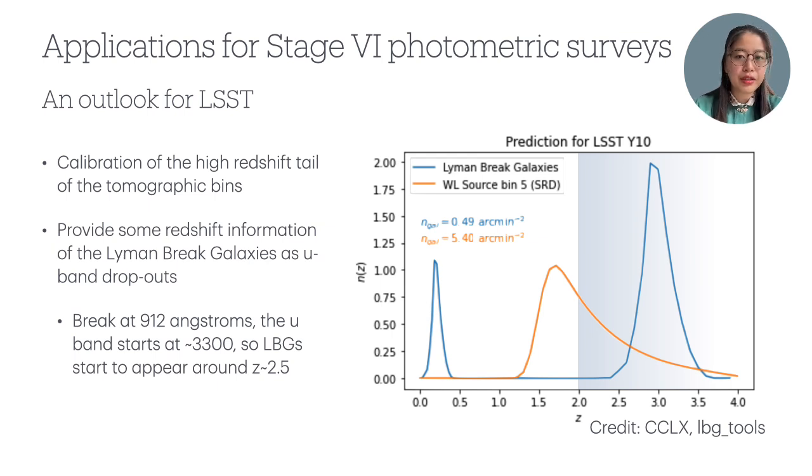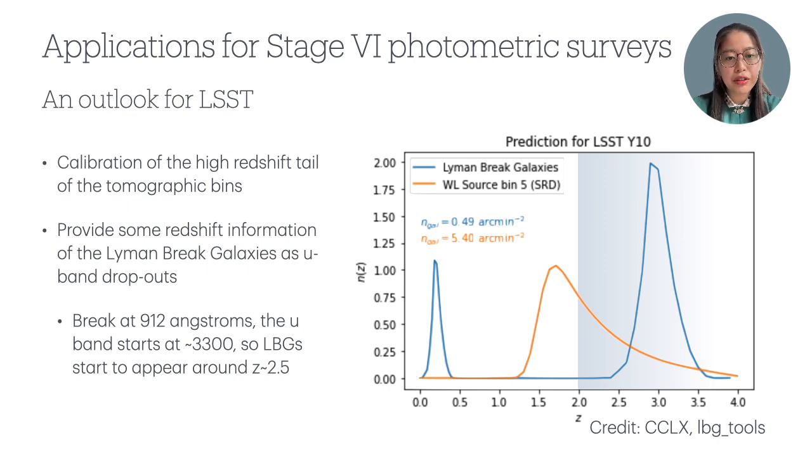Despite these complications, it is still a very promising method to calibrate the high redshift tails of the stage 4 photometric surveys. This is because these surveys will be much deeper compared to any surveys we have at the moment, and so a large proportion of galaxies will need cross-correlation measurements at high redshifts.